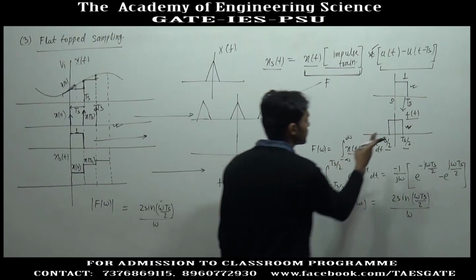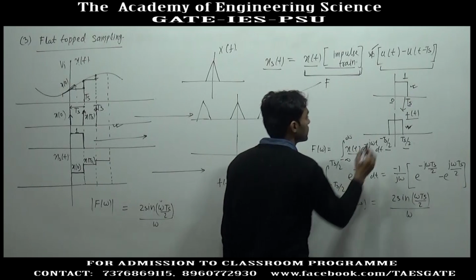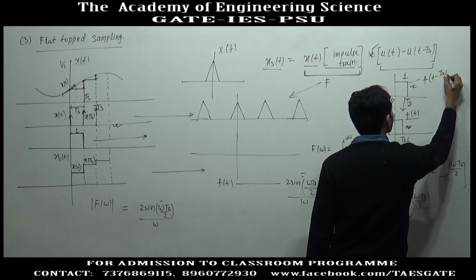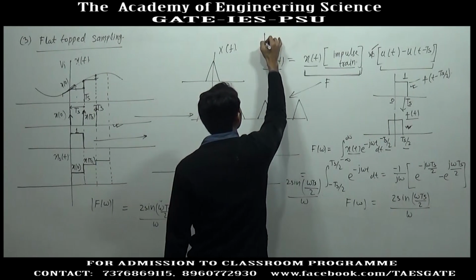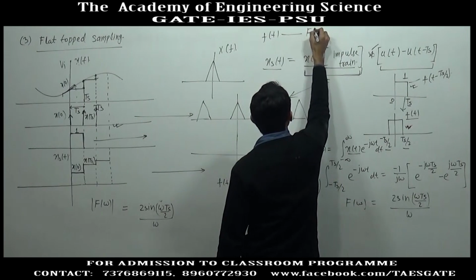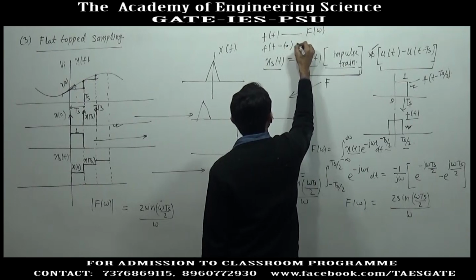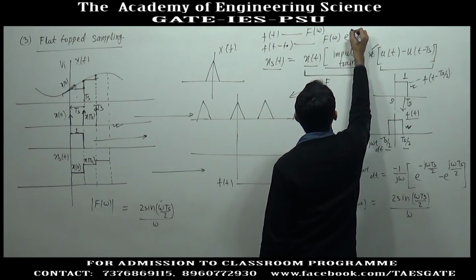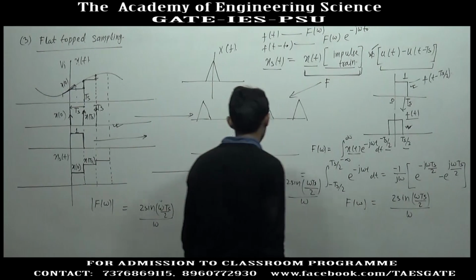Now, we have to shift this signal by Ts by 2. So, if this is f(t), this signal can be written as f(t minus Ts by 2). Now, if we have the Fourier transform of f(t) as F(omega), f(t minus t0) has the Fourier transform F(omega) multiplied by e to the power minus j omega t0.